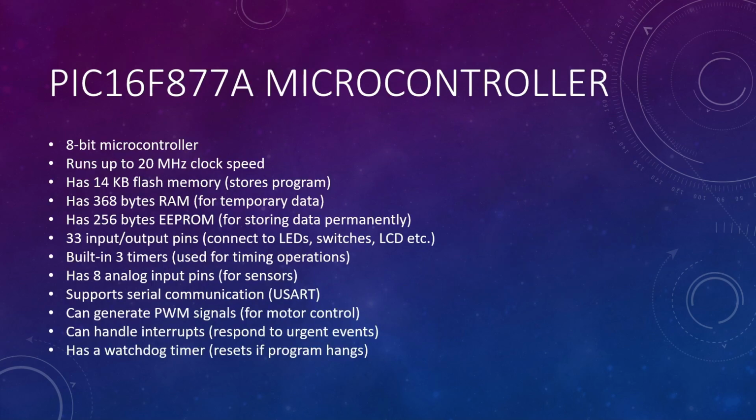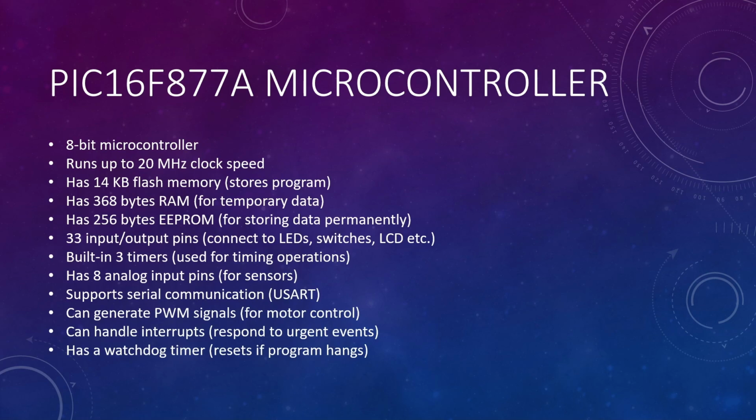In this project, we have used a PIC16F877A microcontroller, and we will go through its features. First, the PIC16F877A is an 8-bit microcontroller which runs at a 20 megahertz clock speed. It has 14 kilobytes of flash memory, where we store the program, and 368 bytes of RAM for temporary data.